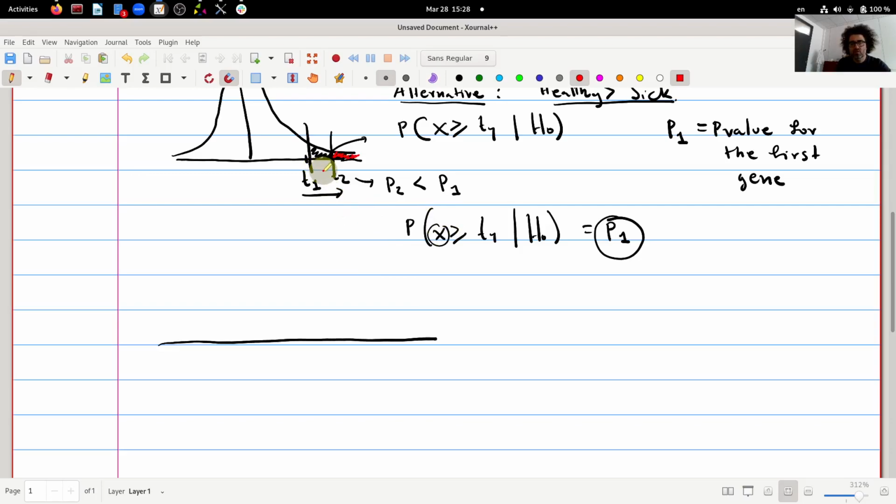Therefore, we can say that the probability to find a t value or an x value here, which is greater than t1 when the null is correct, is p1.